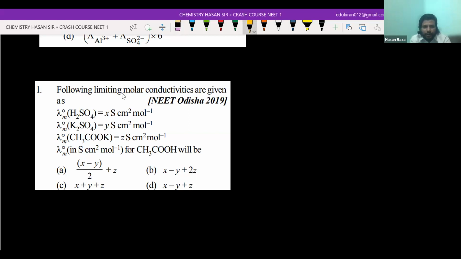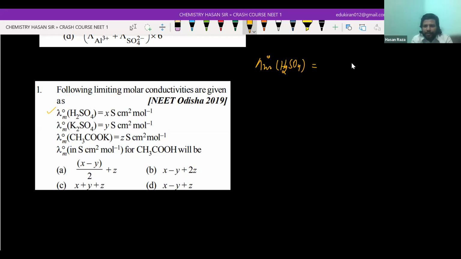Okay, see. The following limiting molar conductivities are given for H2SO4, K2SO4 and CH3COOK. So I'm going to write lambda naught M of H2SO4.